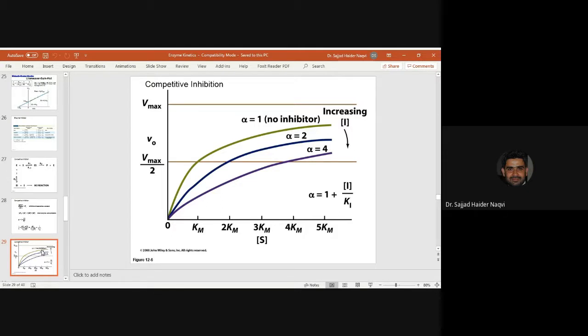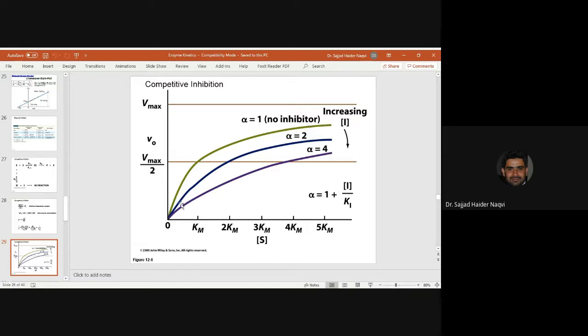And now that was the graph I was actually talking about. This is the Michaelis-Menten graph, showing what competitive inhibition looks like. This green line is the ordinary line where there is no inhibitor, and you can see this is the Vmax, half of the Vmax, and this is the Vmax.